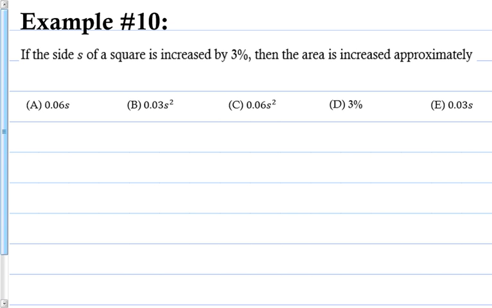Okay, last example. If the side s of a square is increased by 3%, then the area is increased approximately, and then I have to figure out. Okay, so a square, it's the sides. I don't know what the side equals, so I have s for sides. ds, which is the change in the sides, is 3% times however much the sides were, but I don't know what they are, so we're going to call it s.